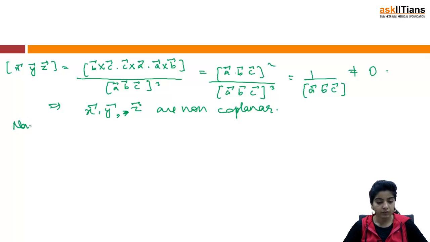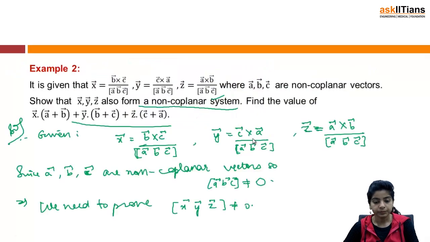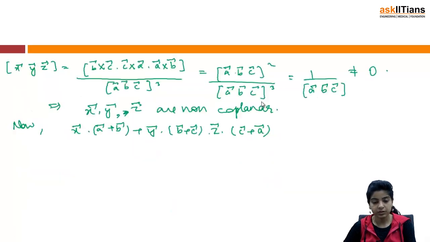Next we have to find out the value of X dot (A plus B) plus Y dot (B plus C) plus Z dot (C plus A). This is what we were required to find.